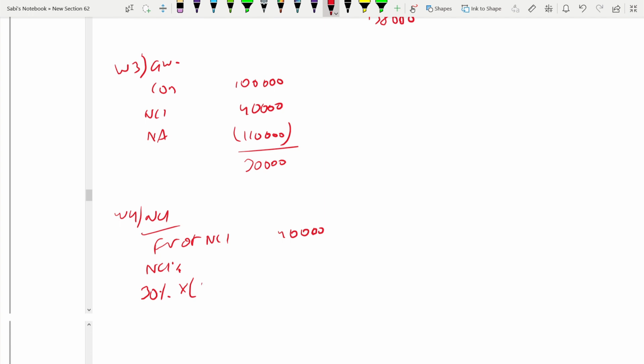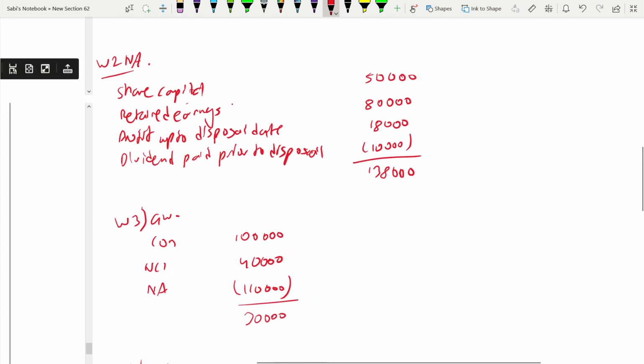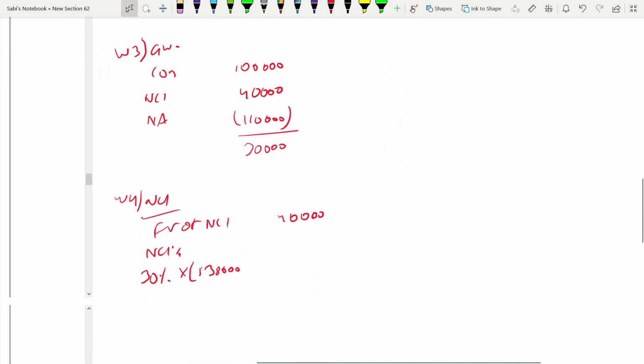Okay, already you have calculated your net asset, 138,000. Sorry, 138,000 is at disposal. I'm sorry. Then at acquisition it was 110,000 net asset. 8,400. 48,400.